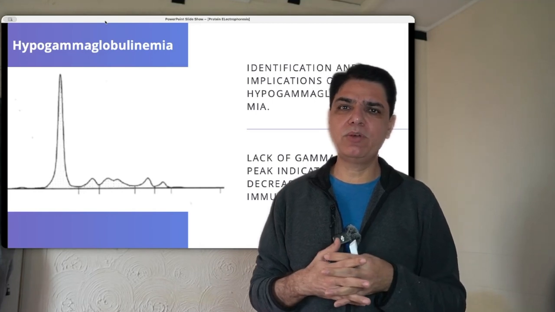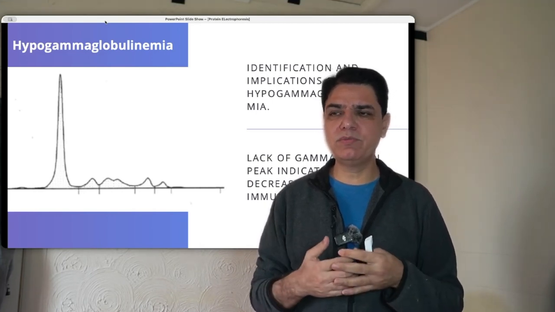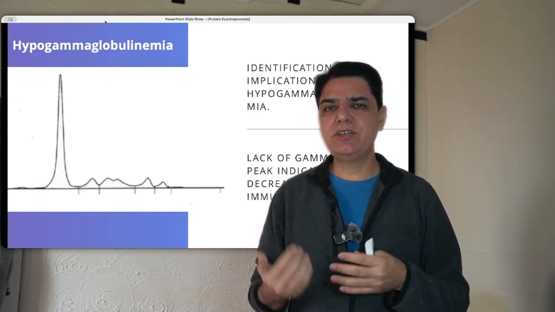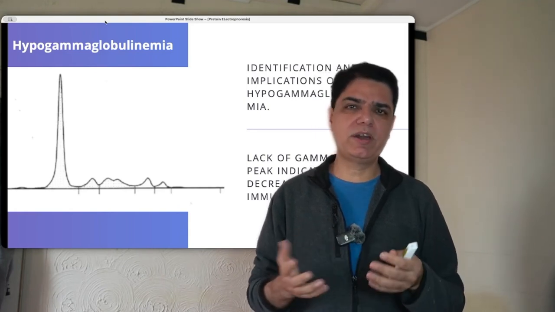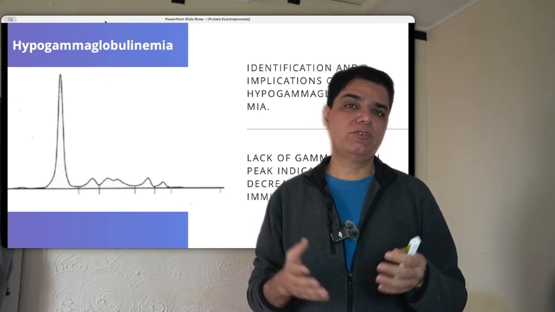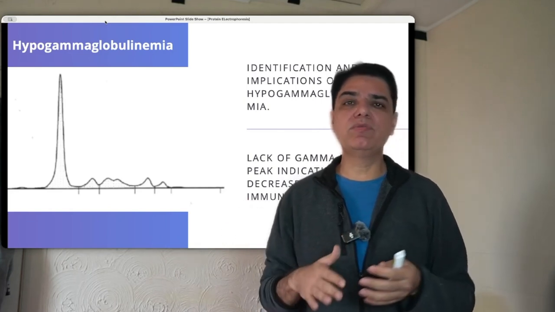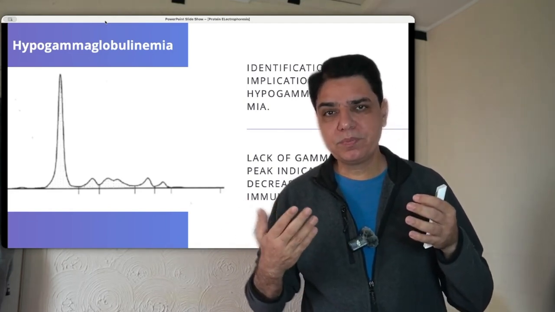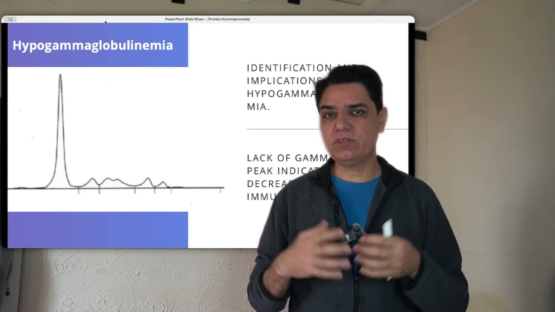But with these types of hypogammaglobulinemia, children would be presenting with frequent, repeated bacterial or viral or a combination of bacterial and viral infections. So in protein electrophoresis, you will get basically a flattening of the gamma globulin part of this protein electrophoresis pattern.